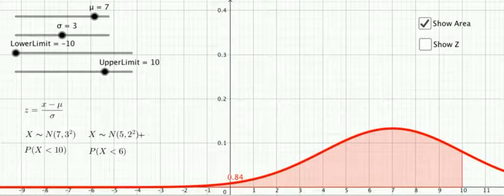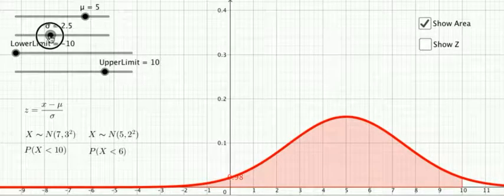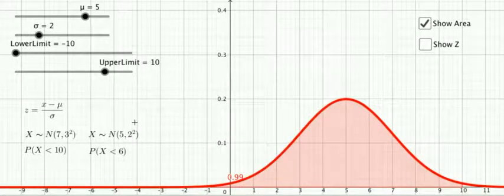Let's take a second example. Let's say that X is distributed normally with a mean now of 5 and a standard deviation of 2. If I use my formula, I'll be doing the X value, which is 6, take away the mean, which is 5, that gives me an answer of 1. 1 divided by 2 is a half.